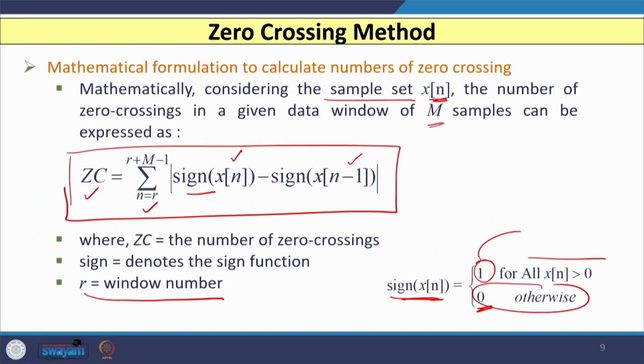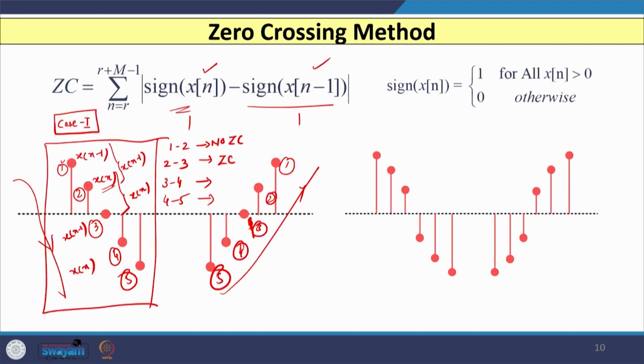You know that when they are less than 0, then you will have 0 value. So, for both 4 and 5 if you put the value here you will get 0. So, no zero crossing. Same way you can move and calculate the value and you see that you will have only one zero crossing in this case also.